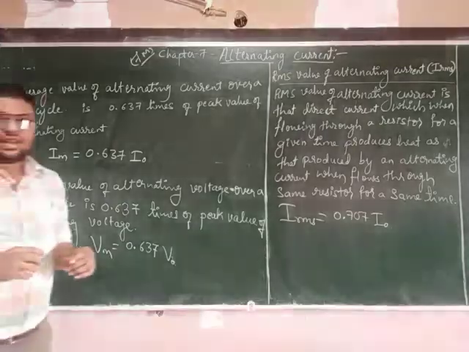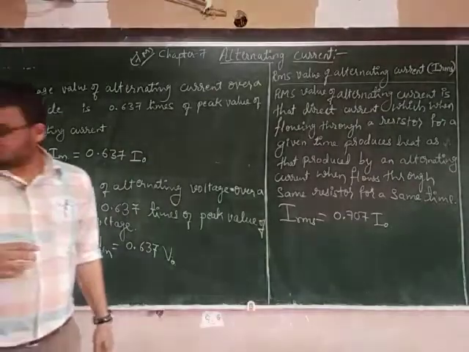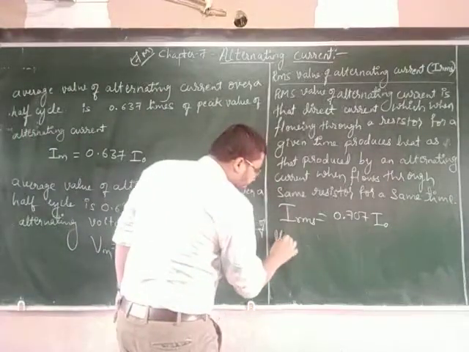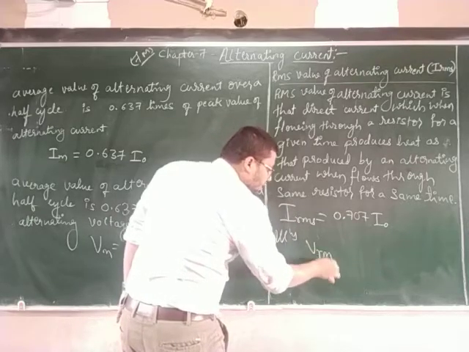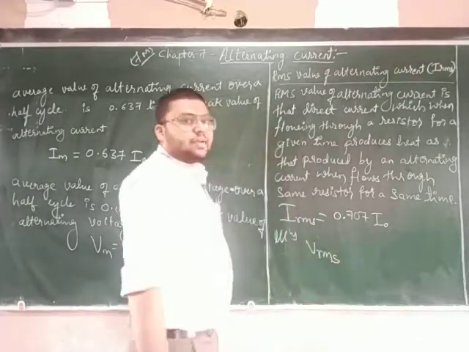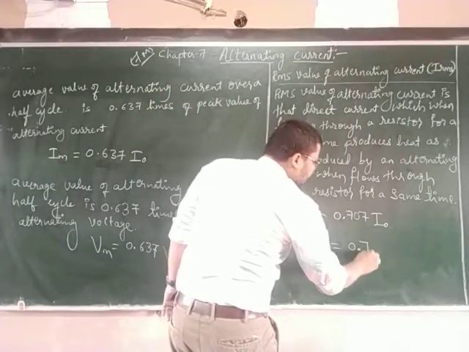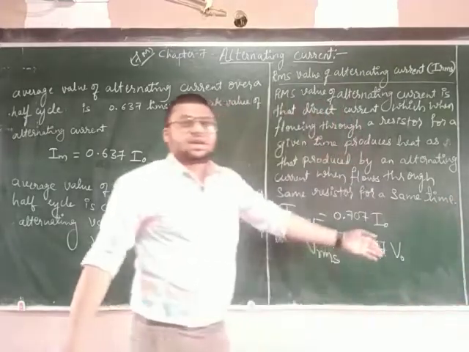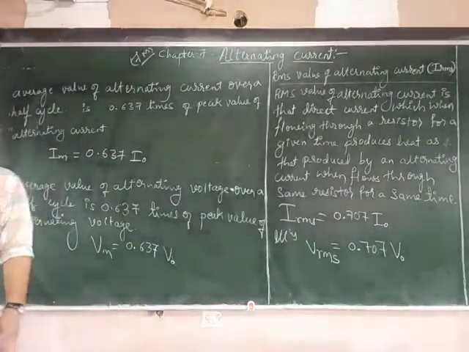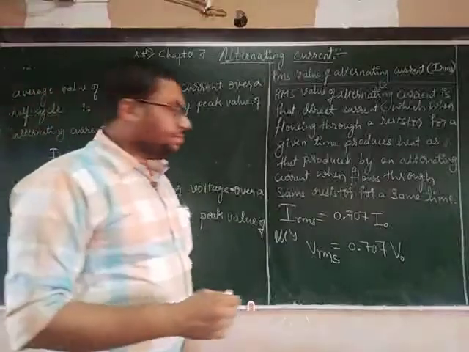Similarly, RMS value of alternating voltage will be written as V RMS is equal to 0.707 times V0. V0 is the peak value of alternating voltage. Is it clear?